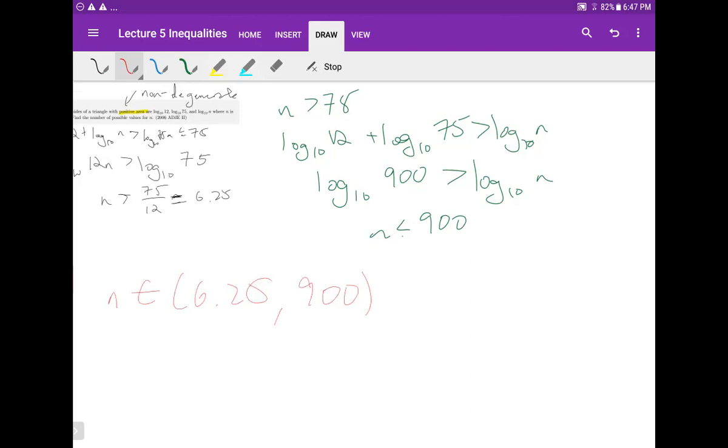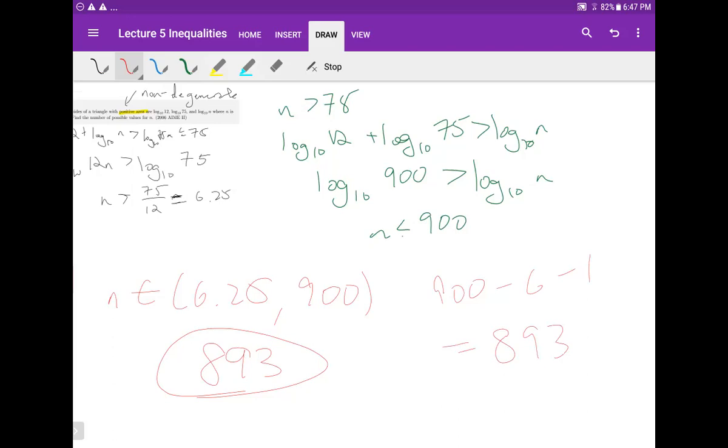So that means n is any integer between 6.25 and 900 exclusive, and the number of positive integers n which satisfy this requirement would be 893. You can find this by finding the number of integers between 6 and 900 exclusive, and you would do that just by doing 900 minus 6 minus 1.